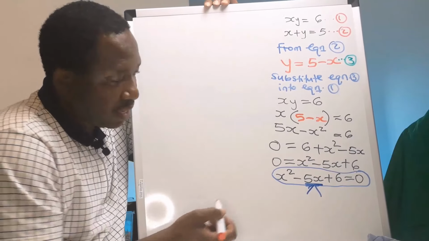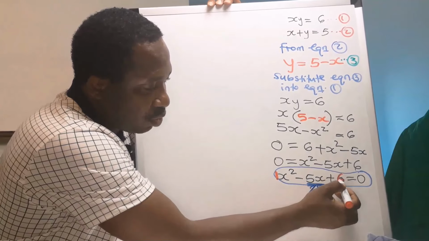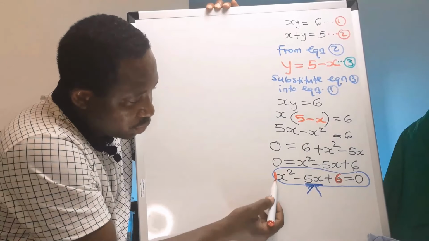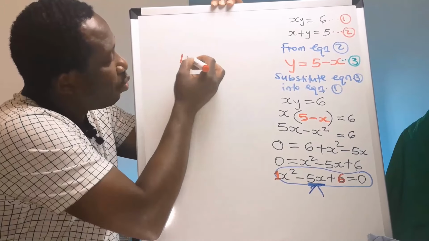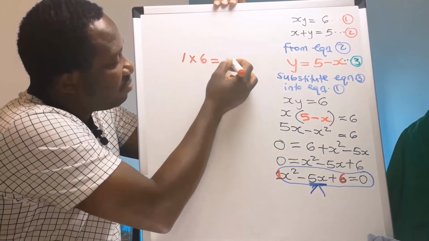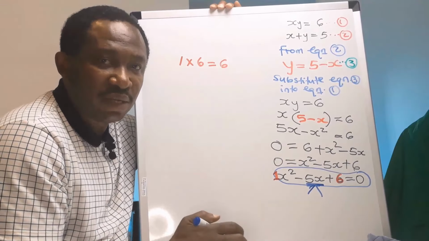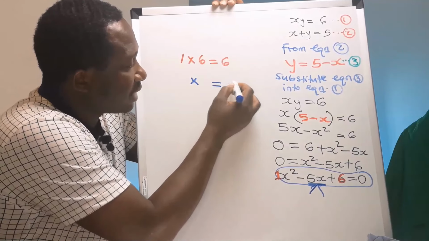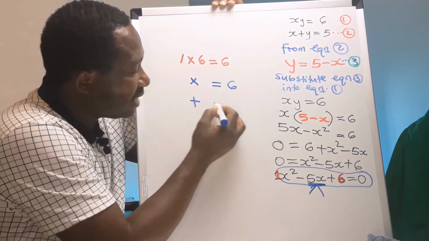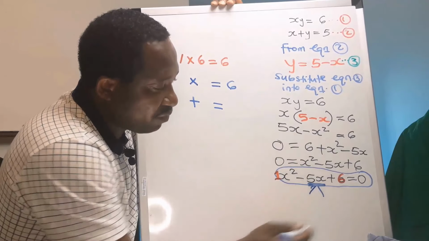To do this, I will multiply 1 with this constant 6, because the coefficient of x squared here is 1. Hence, 1 times 6 will give me 6. Next, I will think of two numbers that if I multiply them, I will get 6, and if I add the two values, I will get the replacement of 5.